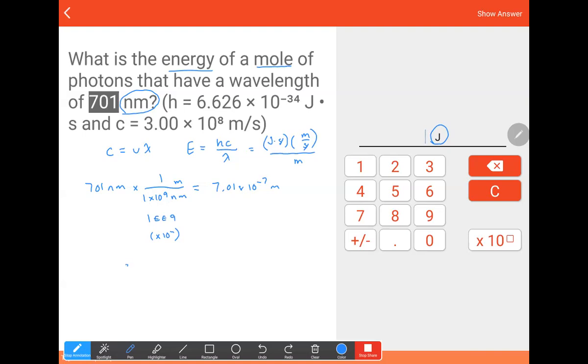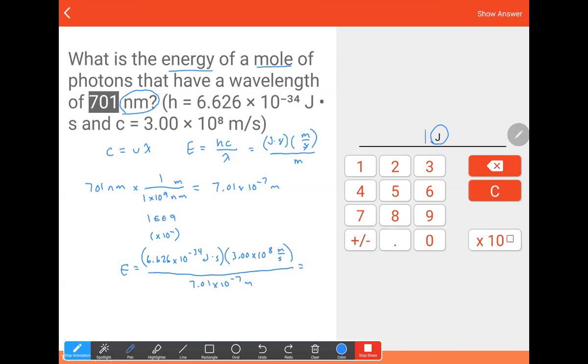So I'm going to plug in energy equals 6.626 times 10 to the minus 34 joules times seconds, times our speed of light, all divided by our wavelength. So we have a tiny number multiplied by a larger number divided by a tiny number.